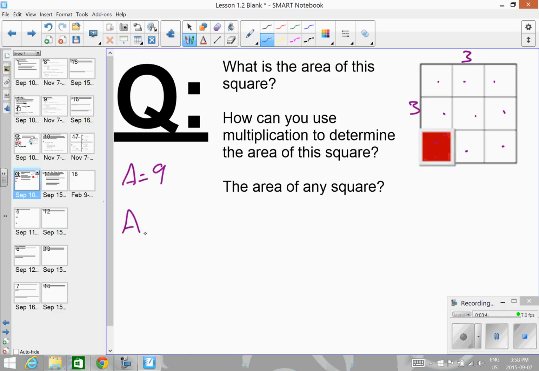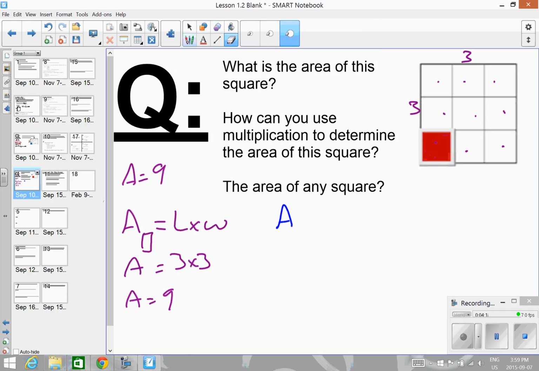So I know that the area of any rectangle, so I'm just going to draw a rectangle so I know what shape I'm talking about, is length times width. And my length was 3 and my width was 3. So my area equals 9. But wait, a square is a special rectangle. I'm just going to switch colors. We said the length and width are the same in a square because it's special.